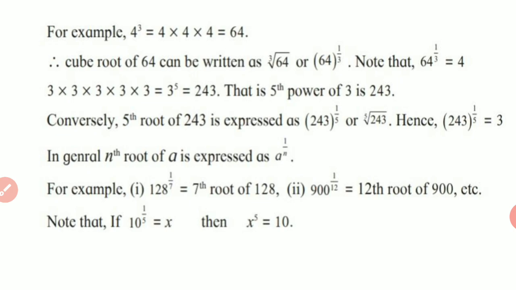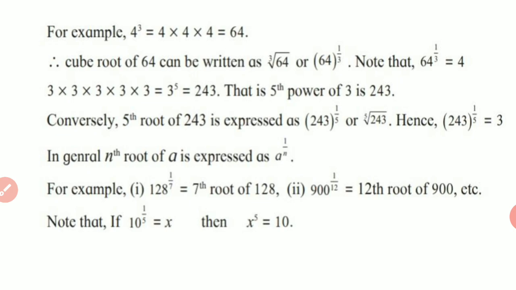For example, 4 raised to 3 is equal to 4 into 4 into 4 is equal to 64. Therefore, cube root of 64 can be written as cube root of 64 or 64 raised to 1 upon 3. Note that 64 raised to 1 upon 3 is equal to 4.